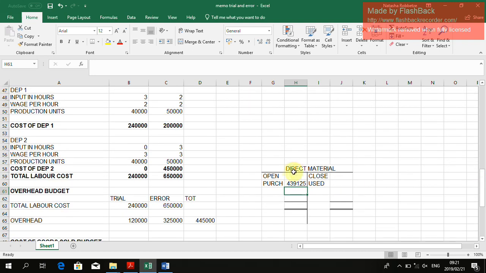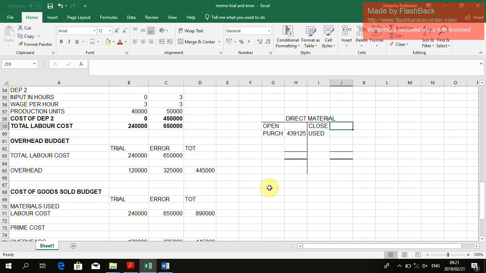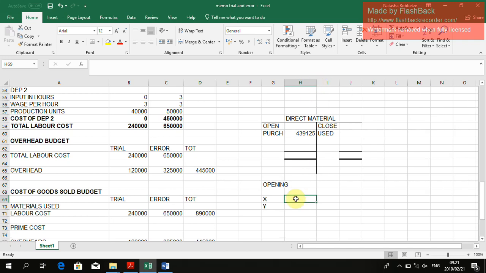Now we need to go and see what is the value of the opening stock and what is the value of the closing stock. So for the purpose of the opening stock, I need to go and see what did we have for material X and what did we have for material Y? And I believe for material X in opening stock, we had 15,000 kilograms, and the price of raw material X is R1.50.